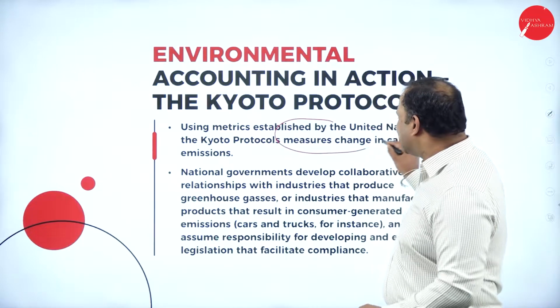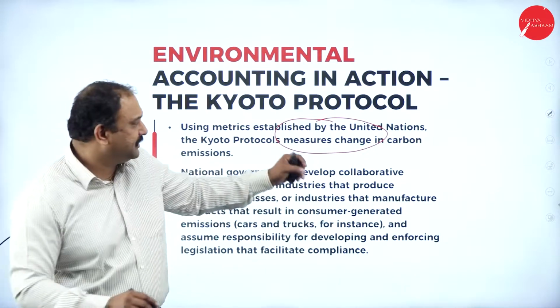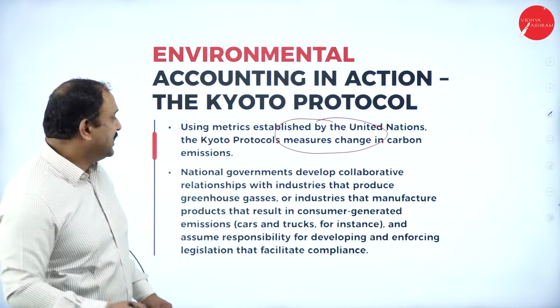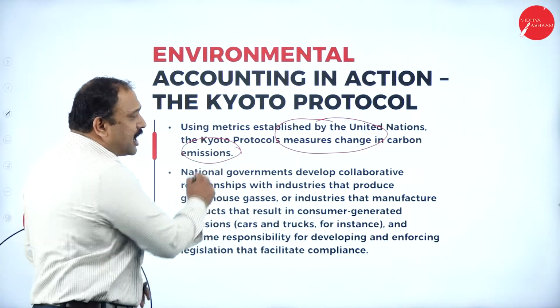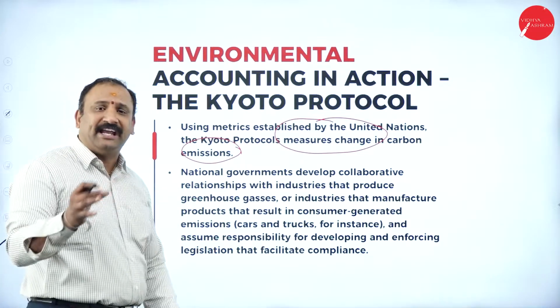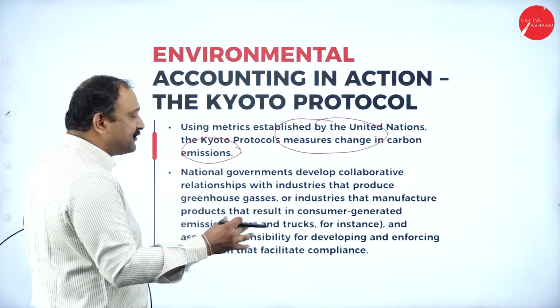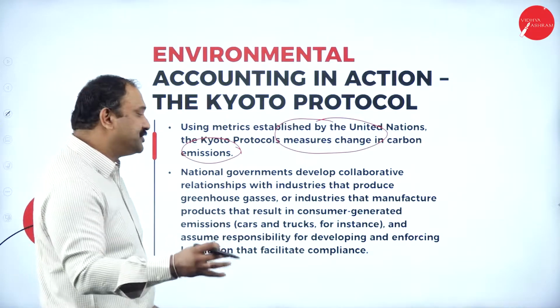Using the metrics established by the United Nations, the Kyoto Protocol started pronouncing the following actions, especially in carbon emissions. So national governments were asked to develop a collaborative relationship with the industries that produce greenhouse gases, or industries that are responsible for carbon emission on this earth.